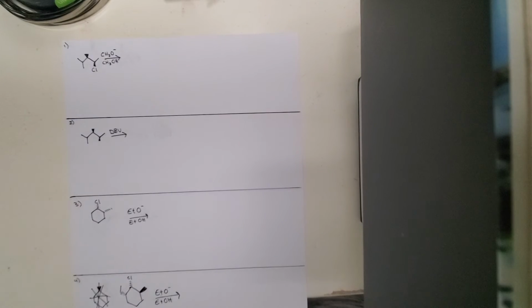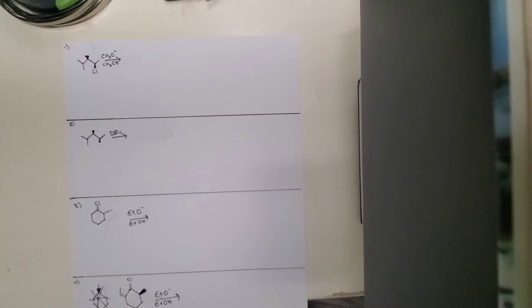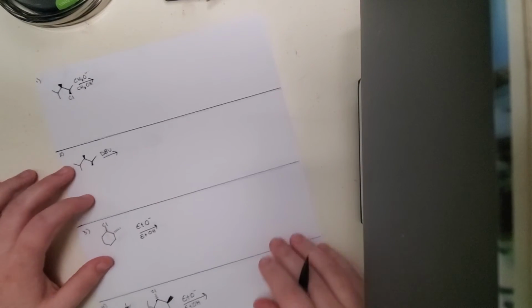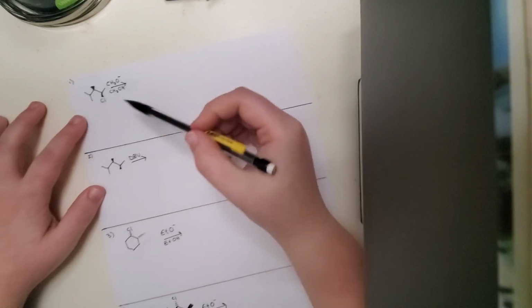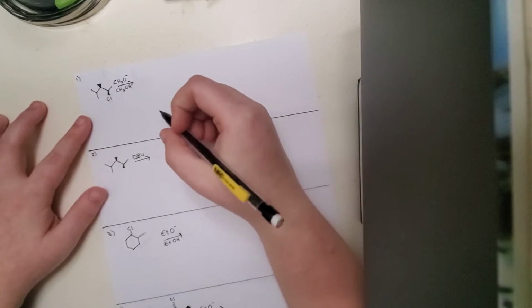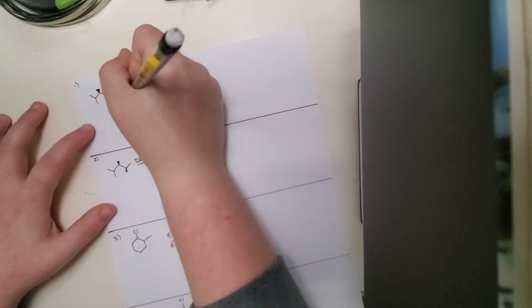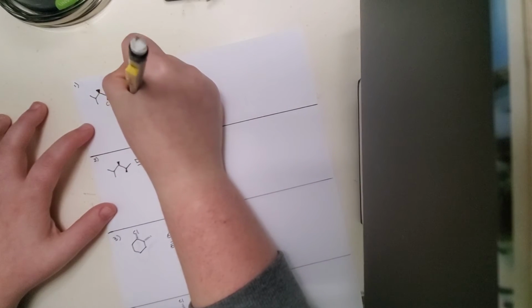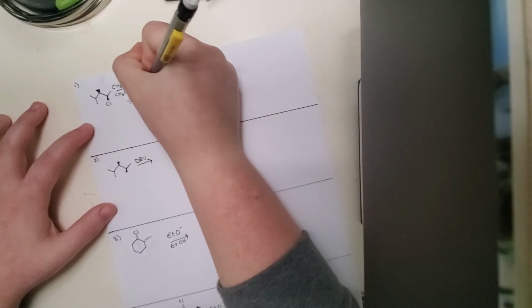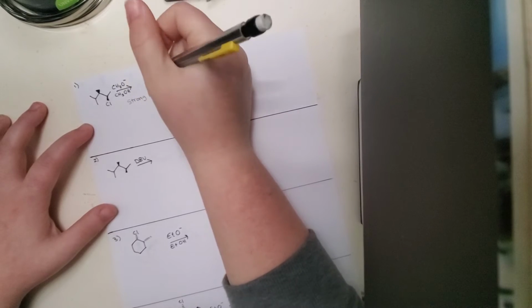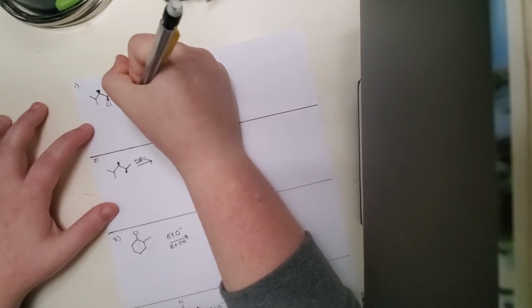Now, I have some examples so I can explain it some more. So number 1, we see that it has a strong nucleophile and a strong base.